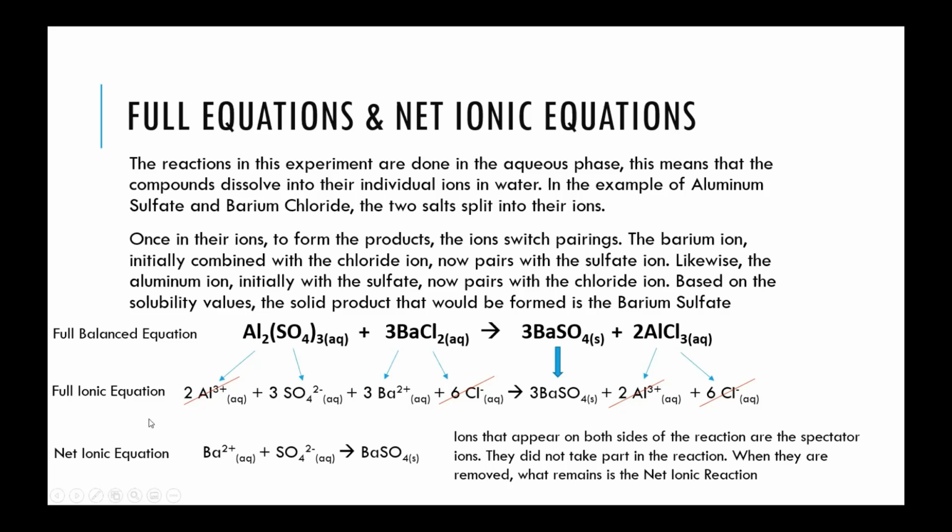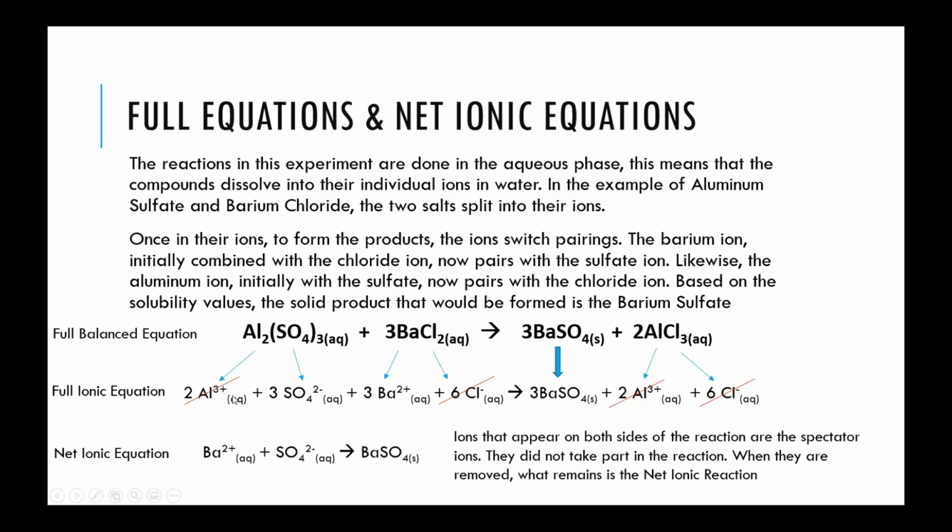But you'll notice that when you have a chemical equation, you can simplify it. If there are things that are the exact same on both the reactants and the products, they cancel out. They're not involved in the chemistry itself.